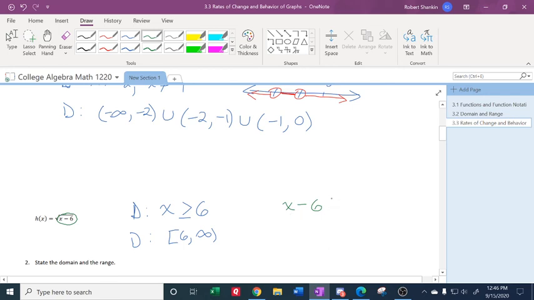This one number must be greater than or equal to 0, because it's inside a square root. If it's negative, it won't work. And then I solve this inequality just like I solve an equation. I'm going to get the same thing.